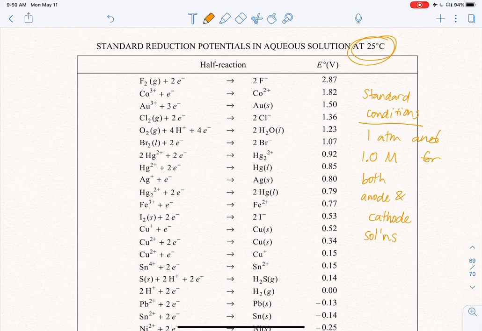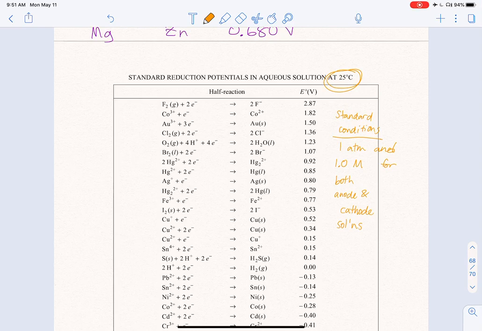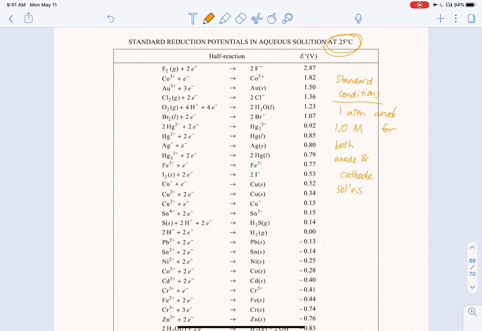So you will notice when you look at this table that some of the half reactions have positive voltages and some of them have negative voltages. And the 0 point in the table is defined as the standard hydrogen reference electrode. So I just want to highlight the 0 point here. Every electrochemical cell potential is measured in reference to this reaction, the standard hydrogen reduction.